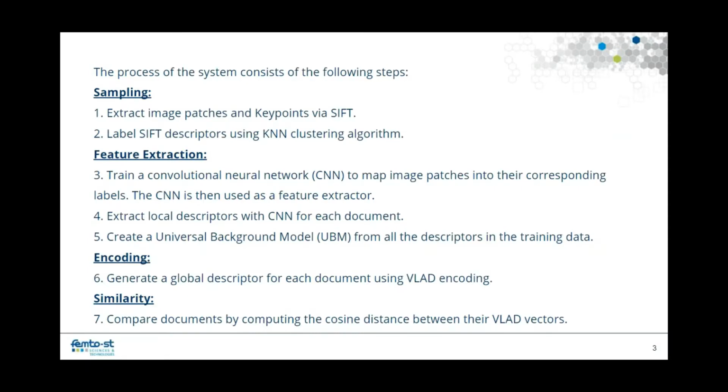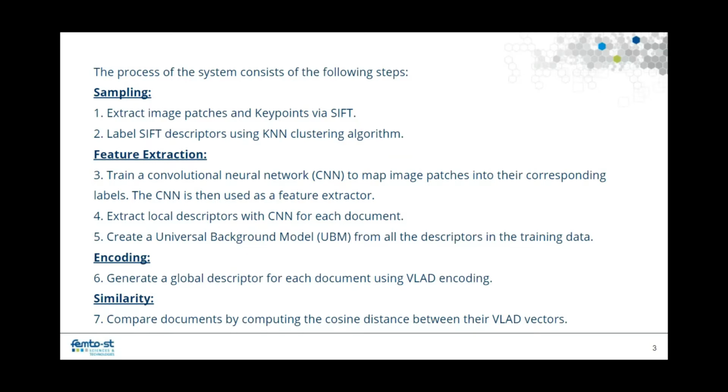The development of the system required big effort in terms of time and resources. It consists of the following steps. First, for the sampling we have two main processes: extraction of the image patches and the key points using the SIFT algorithm.